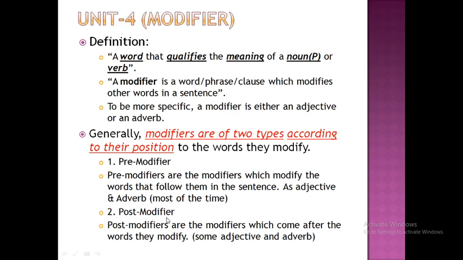Pre-modifiers are the modifiers coming before a word and modifying it, and post-modifiers are those words which are placed after the word and modify it. Pre-modifiers modify the words that follow them in a sentence, as adjectives and adverbs most of the time. Post-modifiers are the modifiers which come after the words they modify, some adjectives and some adverbs.